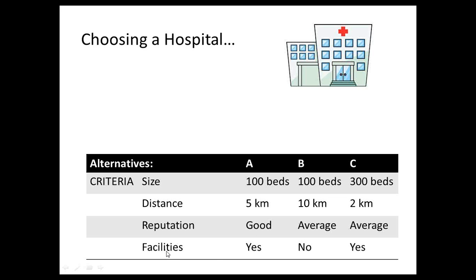And for simplicity reasons, I have made the outcome of the facilities a simple yes or no score. Yes, the hospital has all facilities that I need, or no, the hospital does not have all facilities that I need. What are the exact facilities that I need? I would leave out of this discussion.